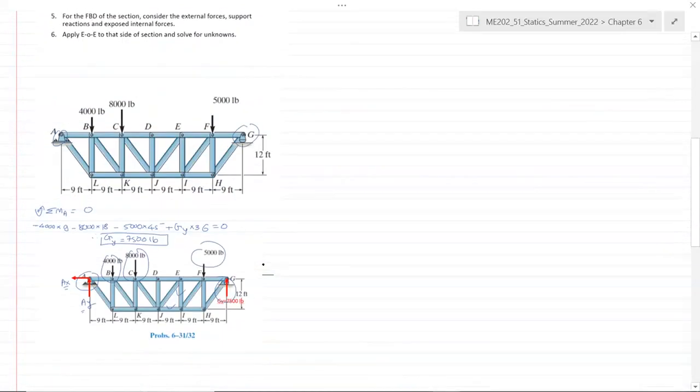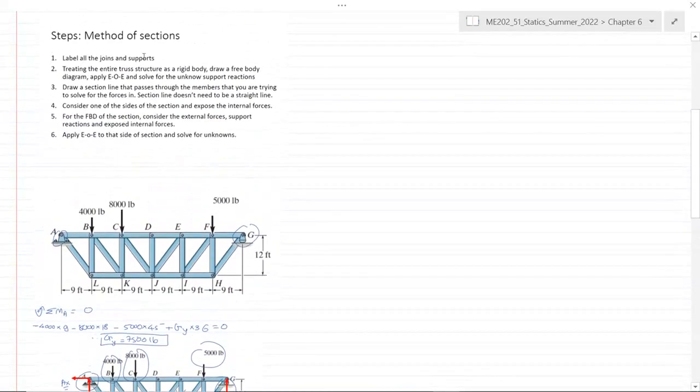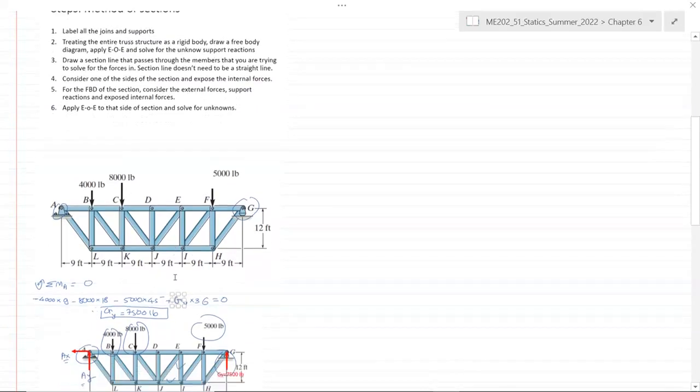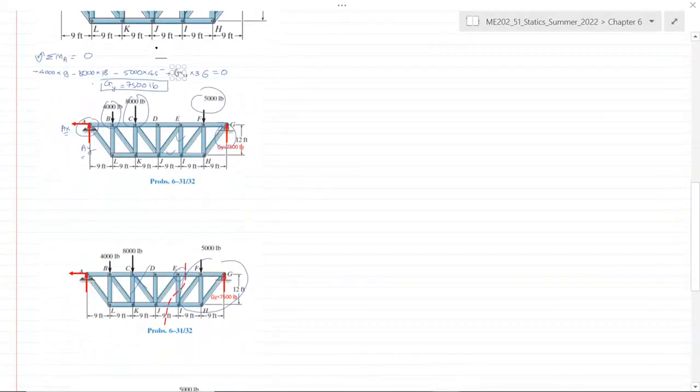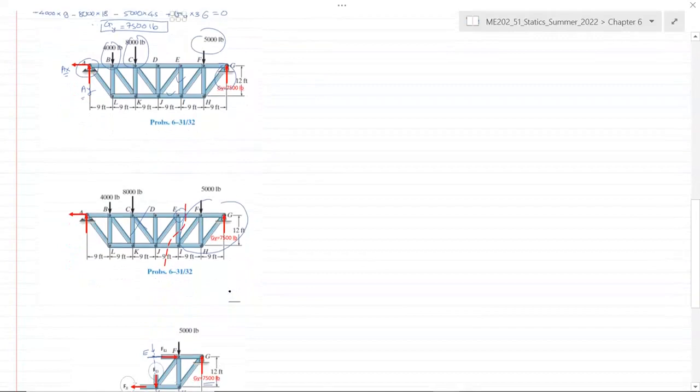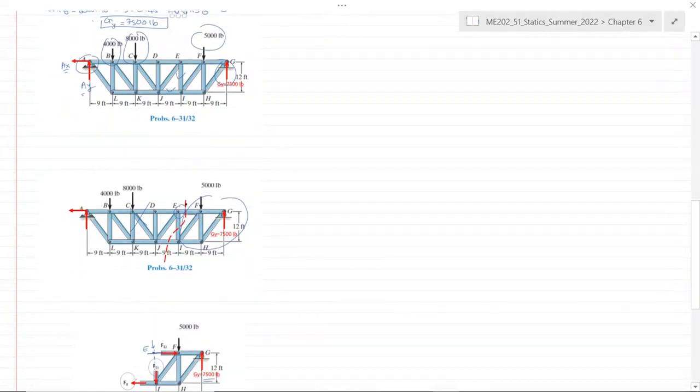Once again, a quick recap of how we solved this. First we label all the joints and supports, such as A, B, C, D, E, F, G, and then all the remaining joints. Then for the entire truss, we calculated the support reaction at Gy by applying this equation. Then we drew a section using this red curve here, kept the right side of the section, and exposed the internal forces from the members that the section line passed through.